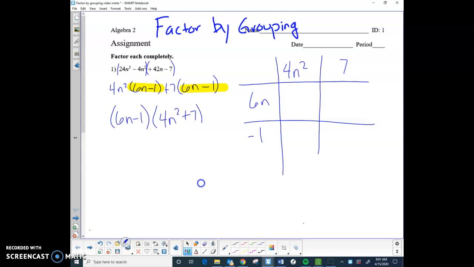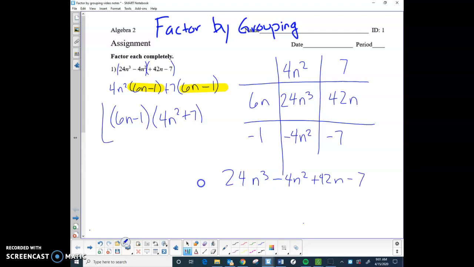Multiplying these together, I've got 24n cubed, a 42n, a minus 4n squared and a minus 7. So if I put these all together back into polynomial form, you can see that we get back to our original equation. So this is our factored form of that polynomial.